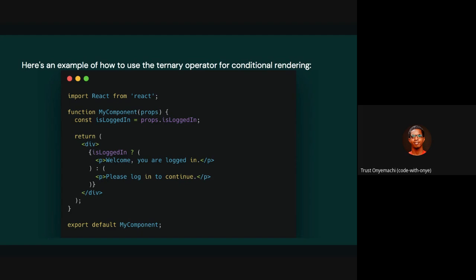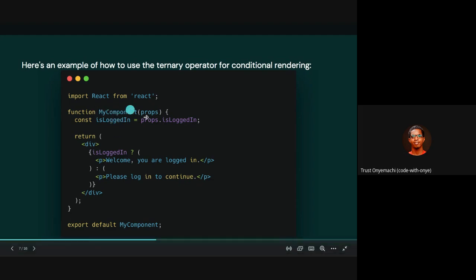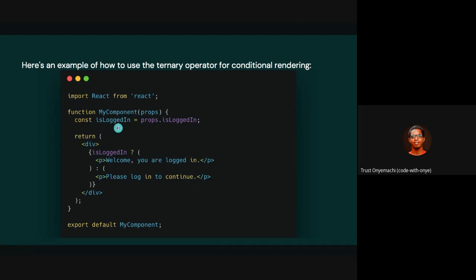As usual, you create your function, MyComponent, with const isLoggedIn as a prop, and a div. This div checks whether the person is logged in or not using the ternary operator. If you look at the logic here, if the person is logged in, it shows 'Welcome, you are logged in.'